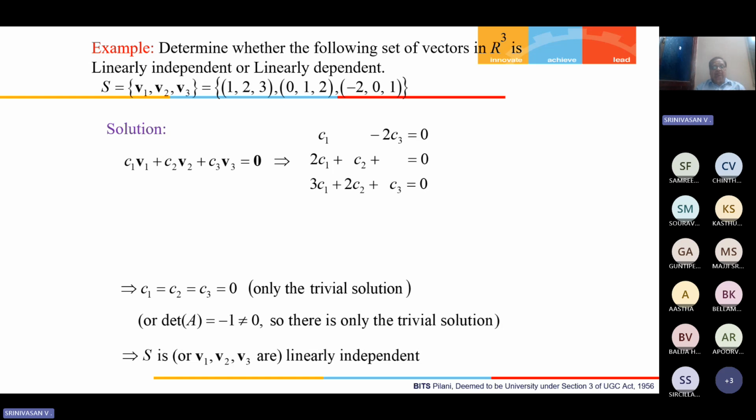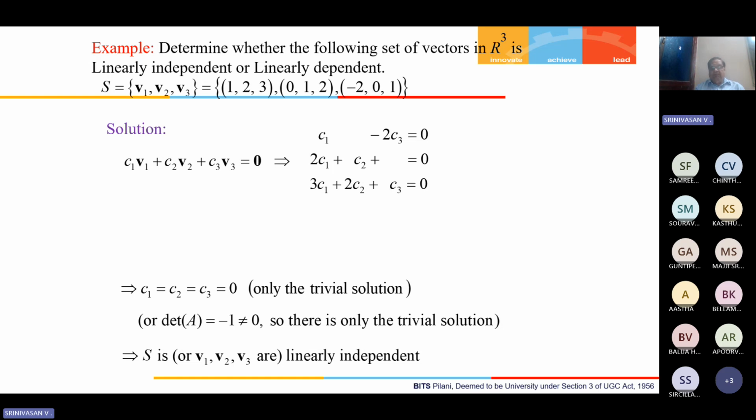Then the second components: 2C1 plus 1C2 plus 0C3 equal to 0. And third, 3C1 plus 2C2 plus 1C3 equal to 0.